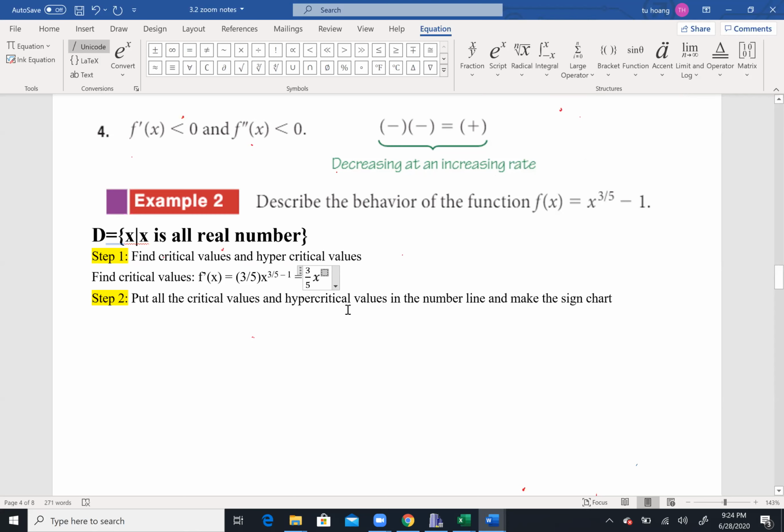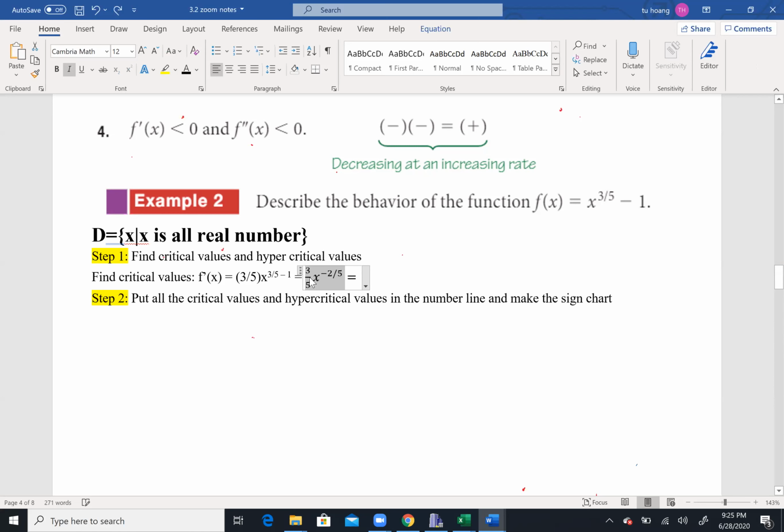So I'm going to have negative 2/5 as the power. Now I have to convert it to a positive power.